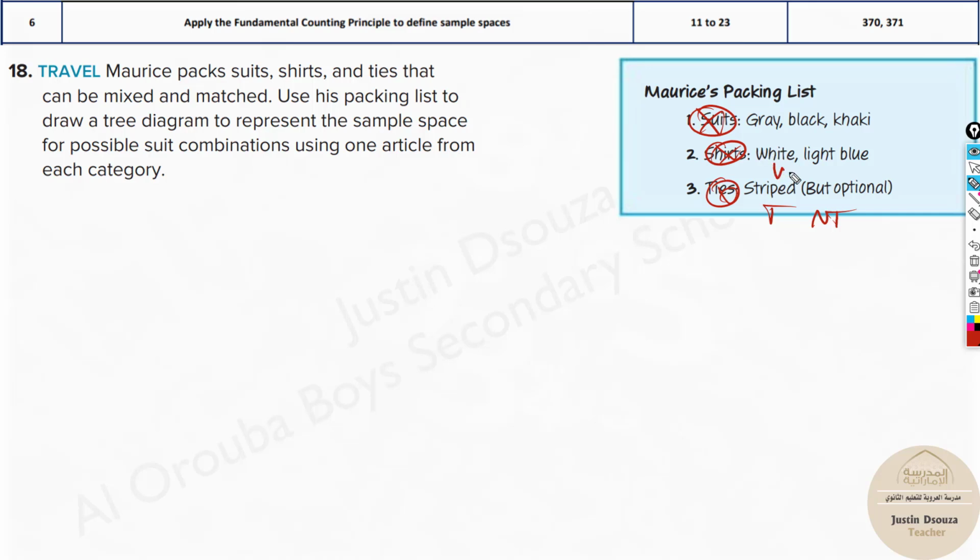There are 2 over here, white and light blue. So we have to put the suits first: gray, black, and khaki, G, B, and K. Then we have 2 options each way, that is W, B for each.